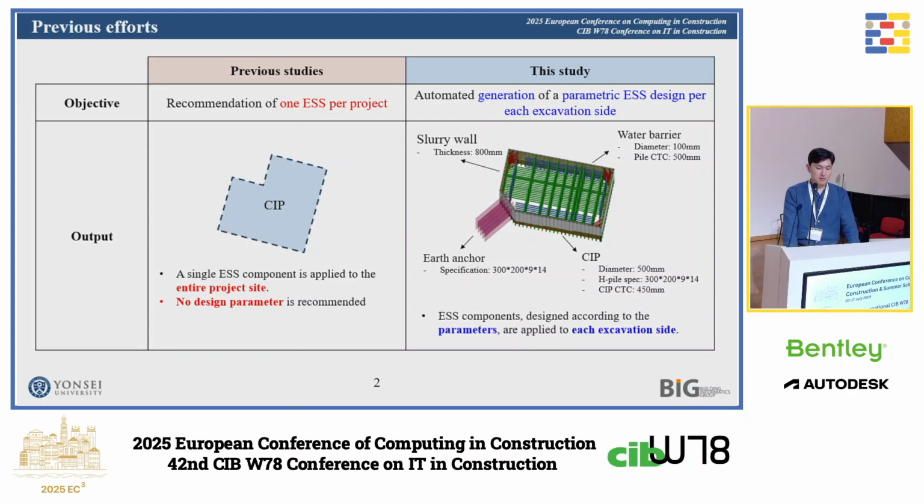In this study, we propose a method that can recommend the suitable ESS components and its design parameters for each excavation site, not for the entire construction site. Furthermore, it allows for the generation of a 3D draft model of the ESS design.